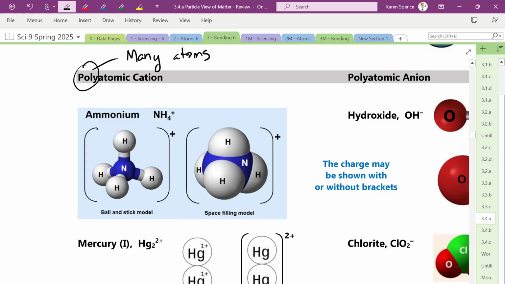We put brackets around it, square brackets, and we put the charge on the outside. And we do the same thing with models of a polyatomic ion. So you'll still see the charge though. Okay, we still see the charge. And if you see that charge, it is an ion.